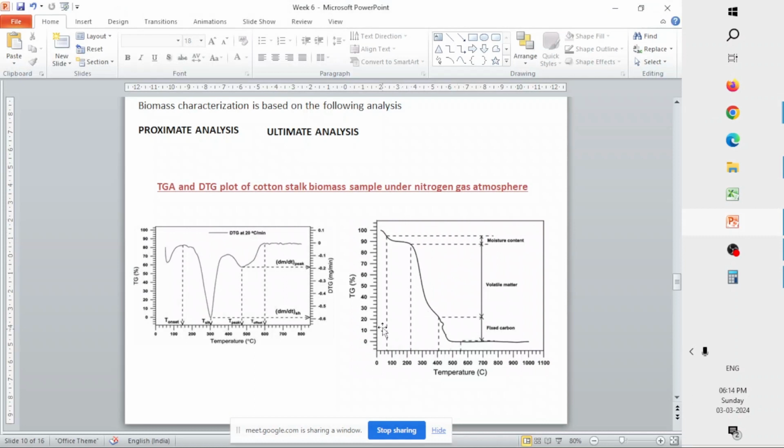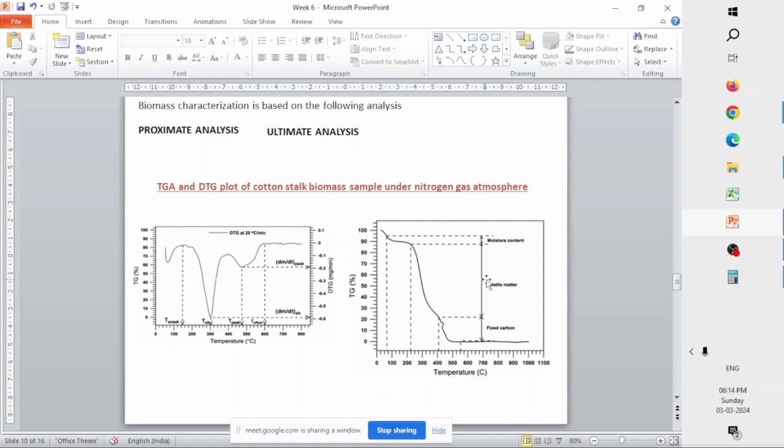After that, there is a steep degradation of the material. From approximately, the mass loss is from 90% to 20%. Such a steep loss over a very narrow range of temperature, like over 100 or 200 degrees, over a small range of temperature, this particular fraction is what we designate towards the loss of the volatile components.